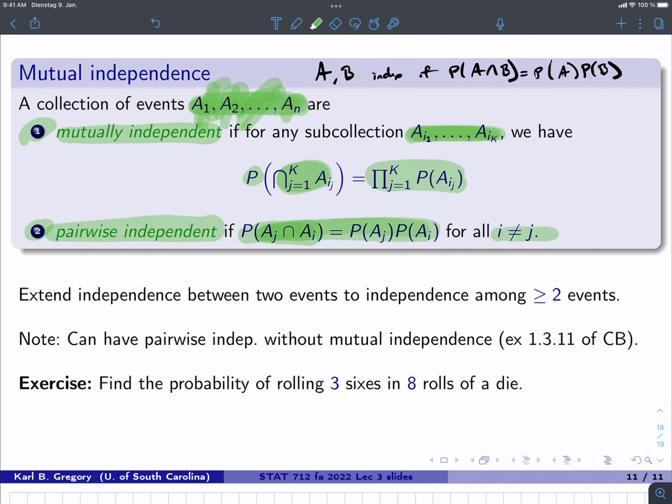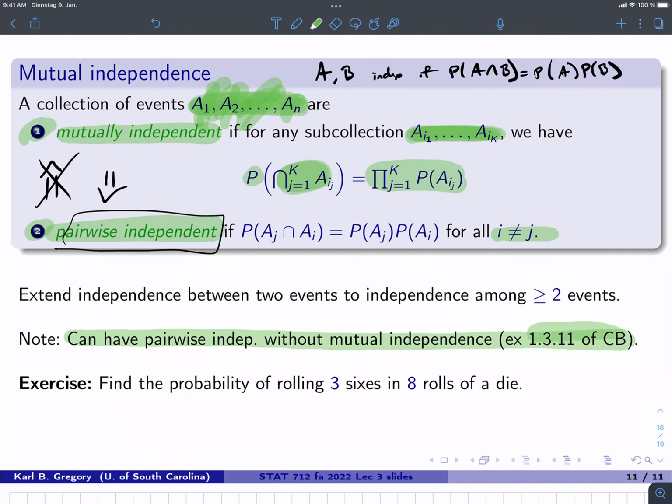So for all i not equal to j, the probability of the intersection of Ai and Aj is equal to the product of their probabilities. The reason I said this one is weaker is that mutual independence implies pairwise independence, but pairwise independence does not imply mutual independence. If you're interested in an example, you can look in the textbook at this one.